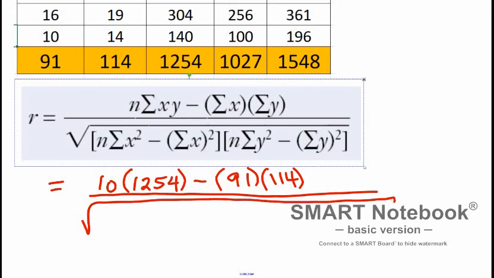In here it's now 10 times the sum of x squared, that's 1027, minus the sum of x, 91, squared. Close that bracket, and a new bracket.